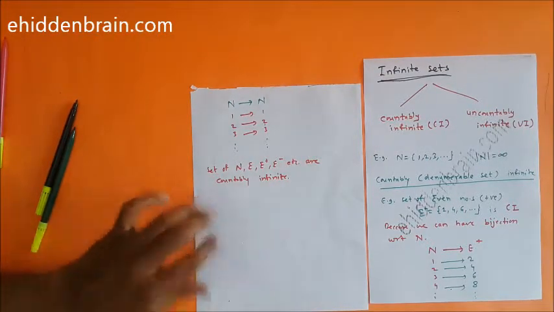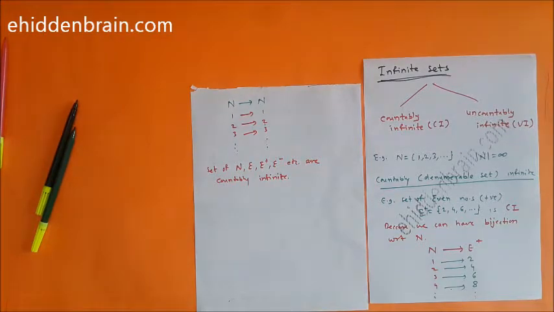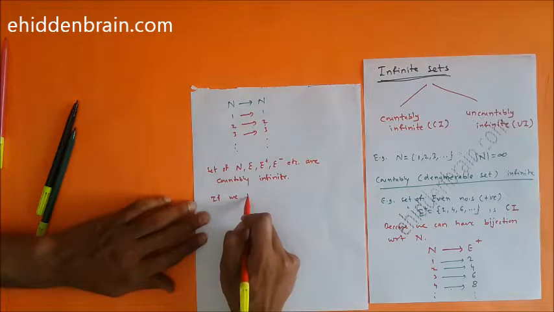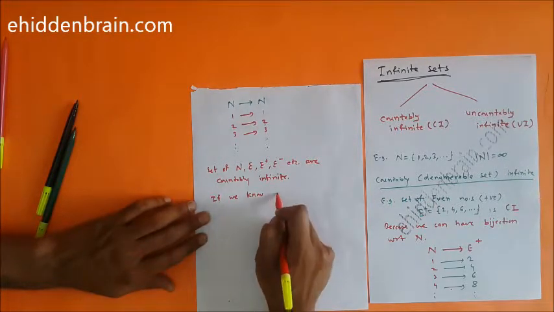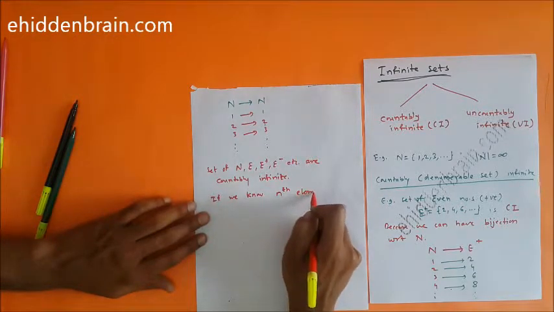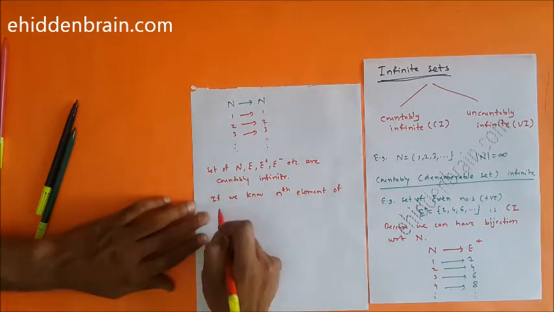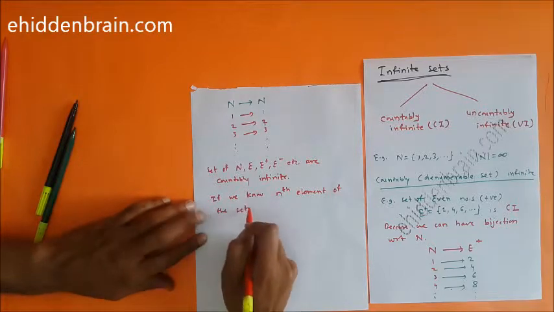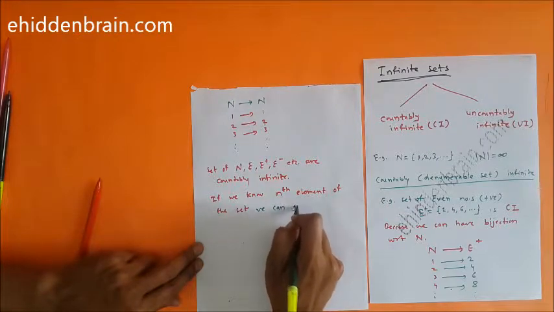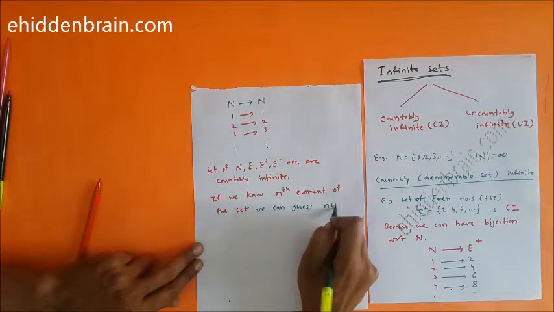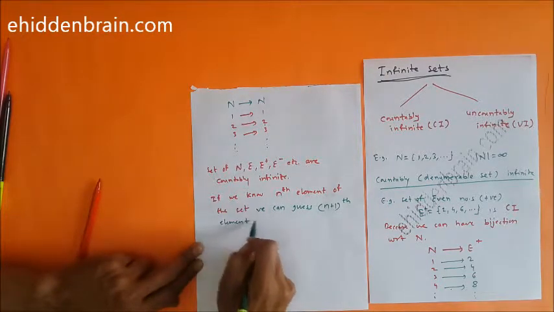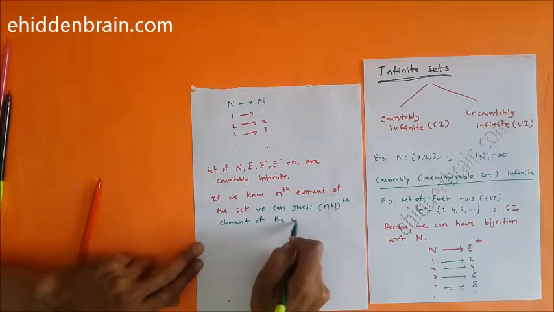Now, I hope you understood what is countably infinite. One more definition of countably infinite is, if we know nth element of the set, we can guess n plus 1th element of the set.